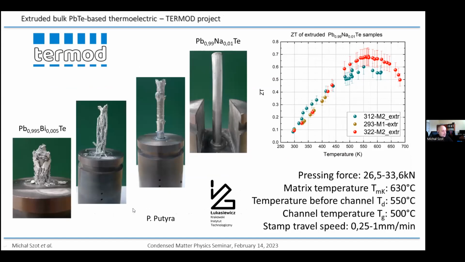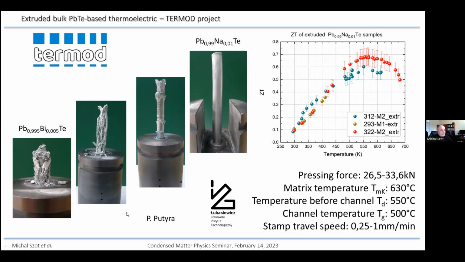Here we have a few examples of results of extrusion obtained for our lead telluride materials, and we see that proper choice of the extrusion parameters, like pressing force, matrix temperature, temperature before the channel and the temperature of the channel, and most important, the speed of the extrusion, are critical to the final effects.